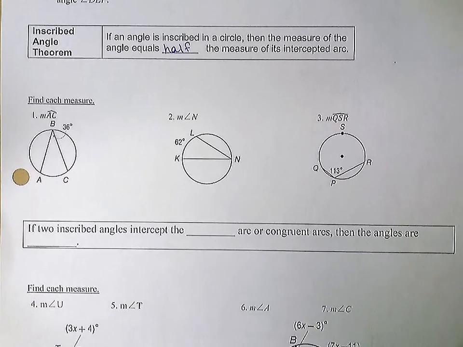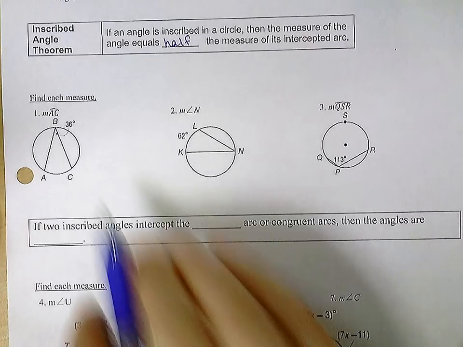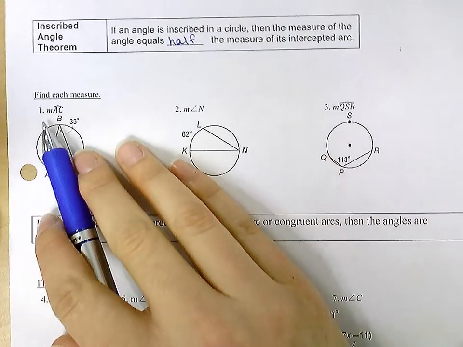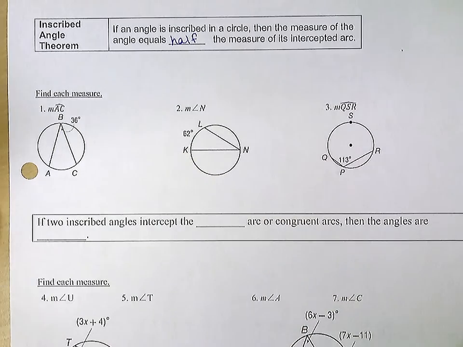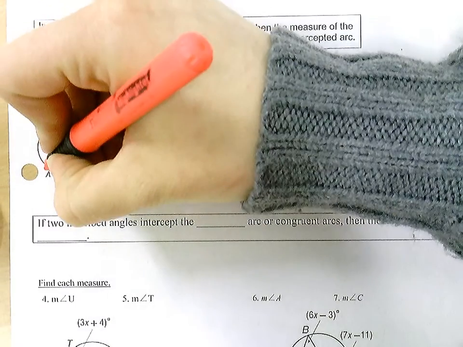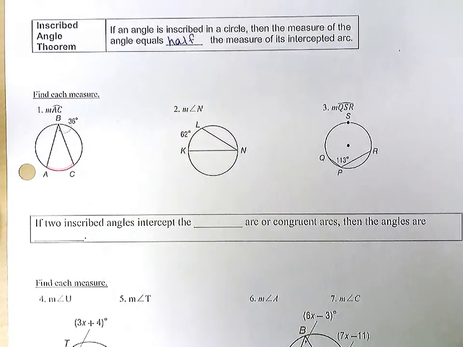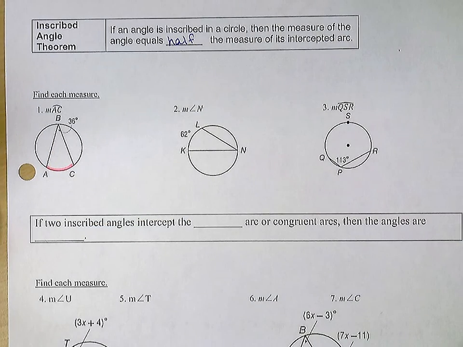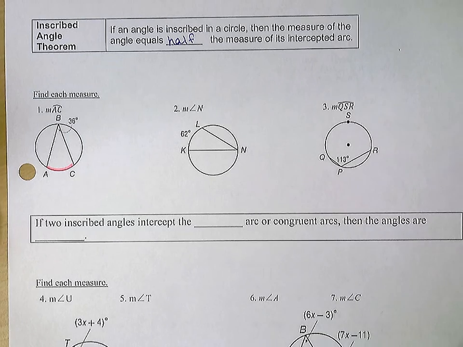All right, so we're going to use that theorem to find each of these measures here. So number 1, we want to find the measure of arc AC. So that is this arc right here. That is your intercepted arc, and I'm given the inscribed angle.